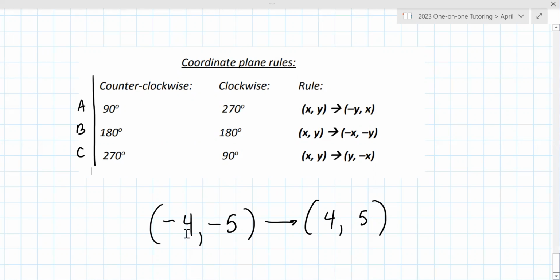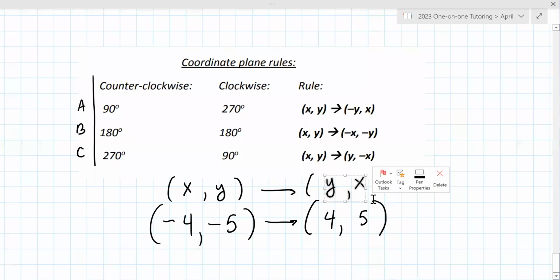These are your x and your y, what are they going to? What's happening over here? They're being switched out. When you say switch, that could mean a couple of things. They're being replaced, or they're being moved. What's happening to x here? What's happening to the -4? It's turning it into 4.